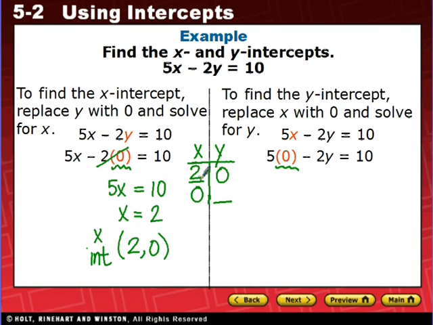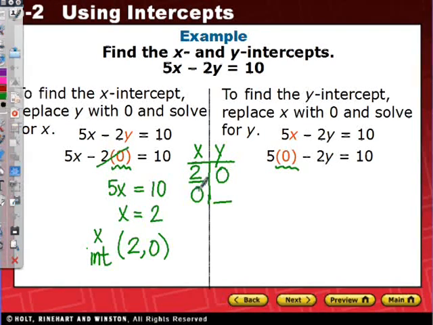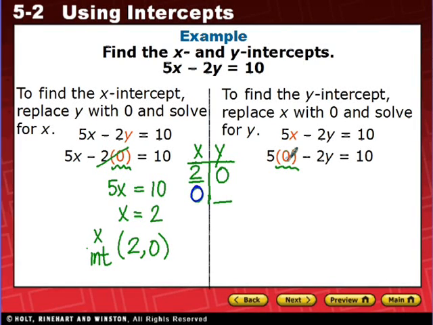And then I do the y-intercept. So for y, we have 0 plugged in, which makes the x term disappear. And notice we're left with -2y, not positive. Zip zap if that helps you see it better. And so y equals negative 5.